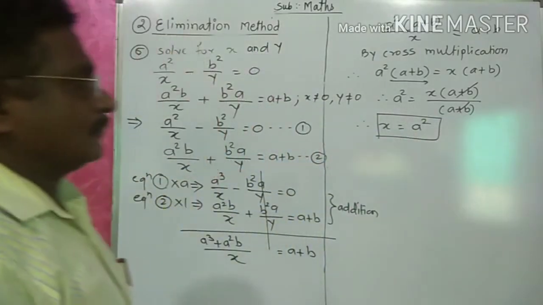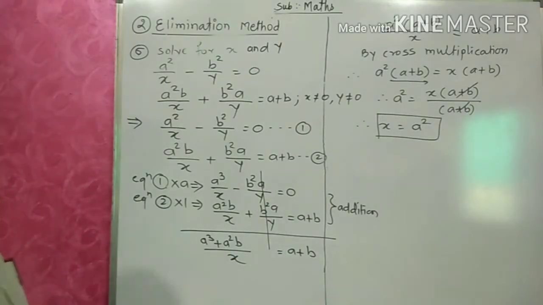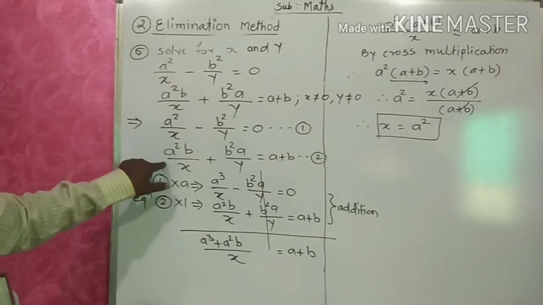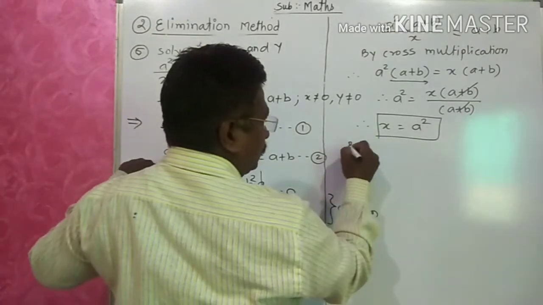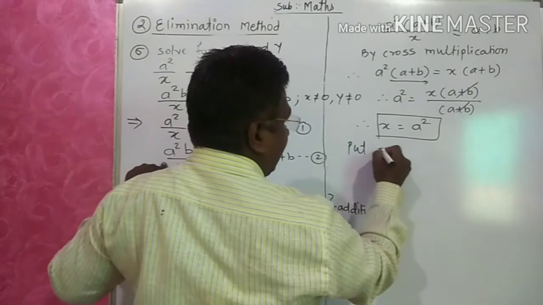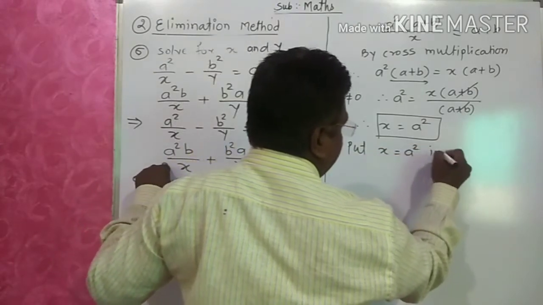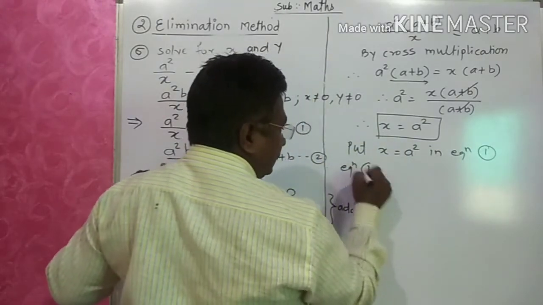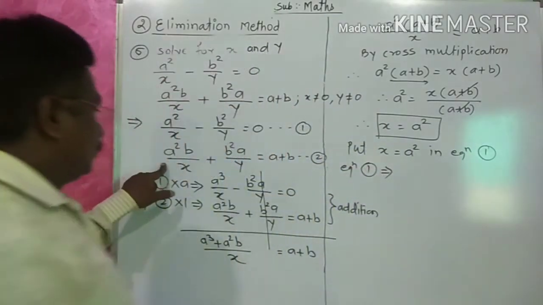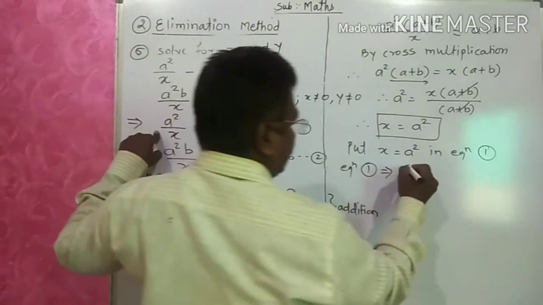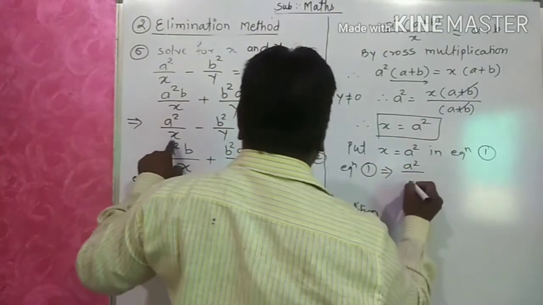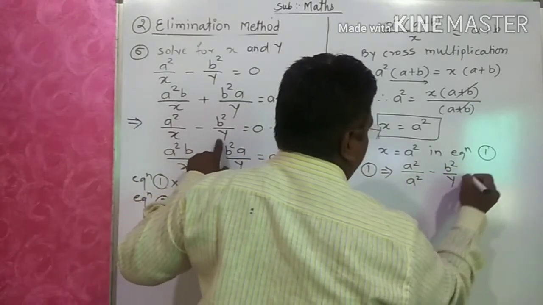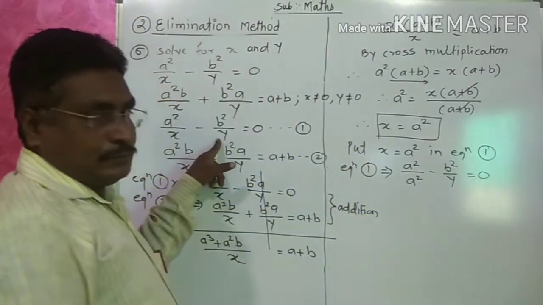Now this value has to be substituted in any one of the equations, equation 1 or equation 2. So put x equals a square in equation 1. So equation 1 becomes a square by a square minus b square by y equals 0.